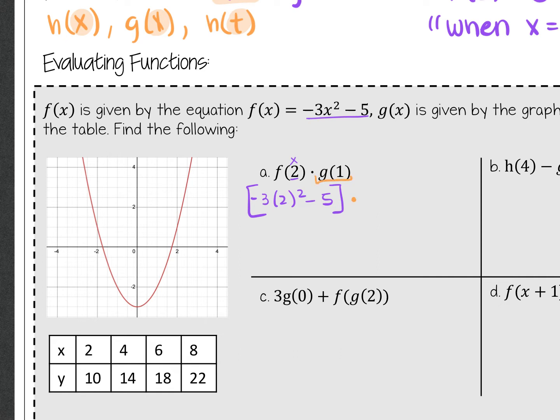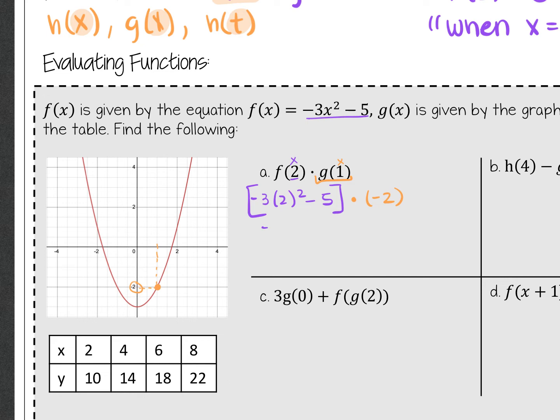times g of 1. G is given by the graph, so they're asking what is our y value when x equals 1. So we're going to look over here at our graph. Right here is when x is 1. I'm following that down to the function and reading off the value, which is negative 2. So g of 1 is negative 2. And then we're just going to evaluate using order of operations.